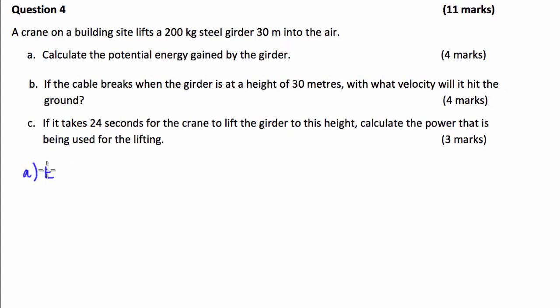Energy potential is equal to the mass times the acceleration due to gravity times the object's height, which is equal to 200 kilos times 9.8 times 30 meters.